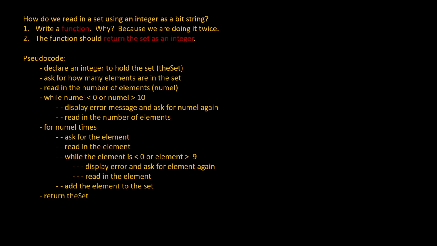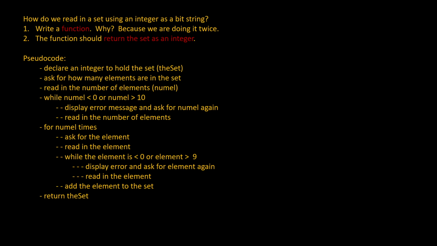So we're going to create a function. Do I need to have any data coming into the function? I could, for example, send it a string that says which set you're reading in. But that's overkill for what we want to do.